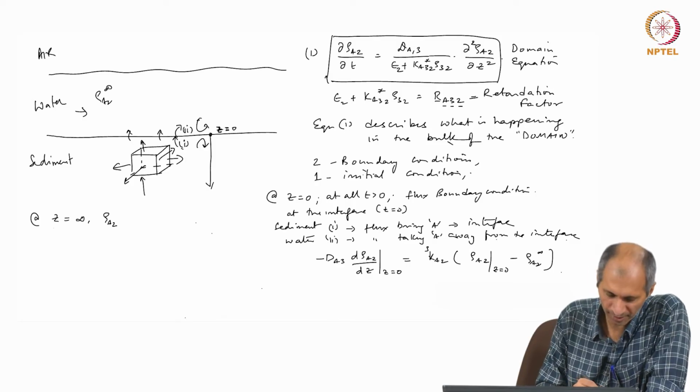What do you mean by z equals infinity? Z equals infinity means it is very far away from the interface.